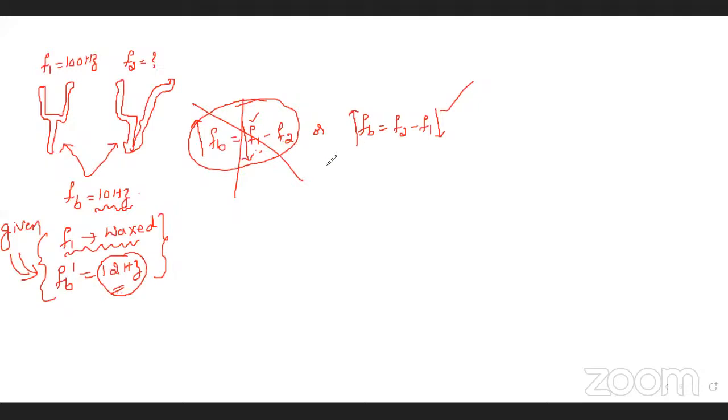So FB is how much? 10. F2 is unknown, you have to find it. F1 is 100. If I shift 100 to that side, it becomes 100 plus 10. That is 110 Hertz. So what is the frequency of the second tuning fork?